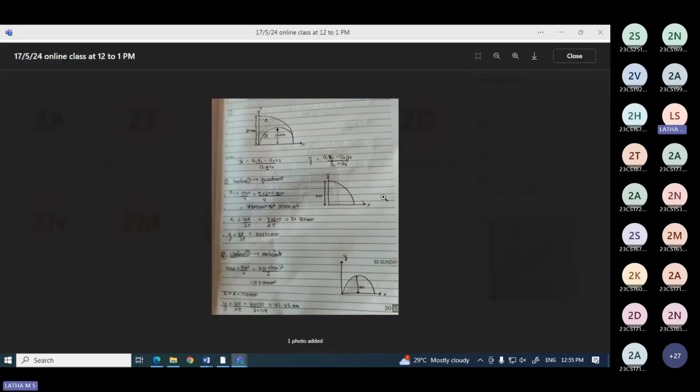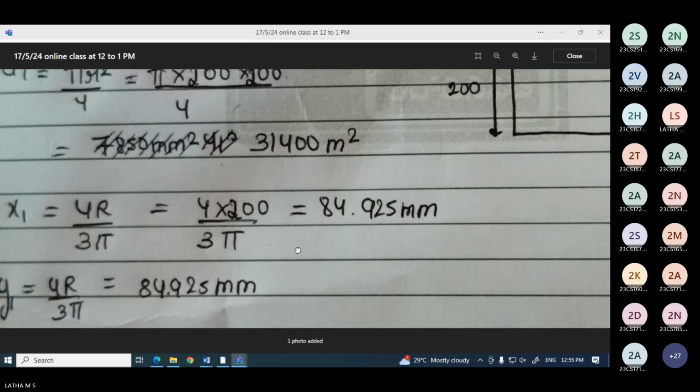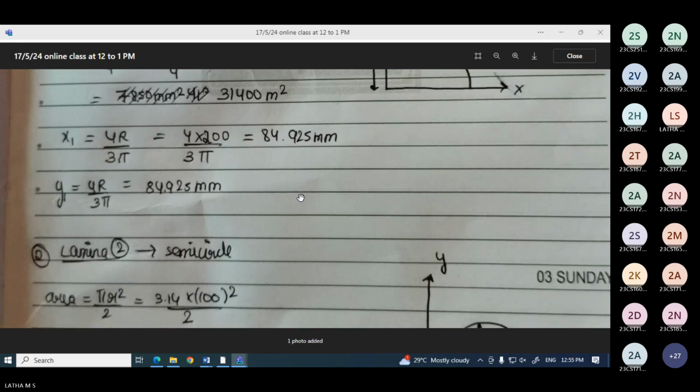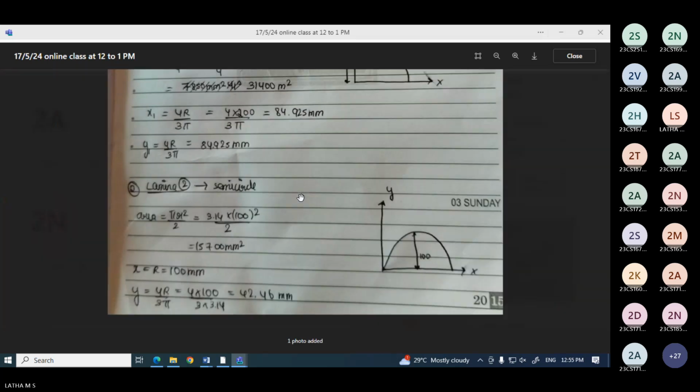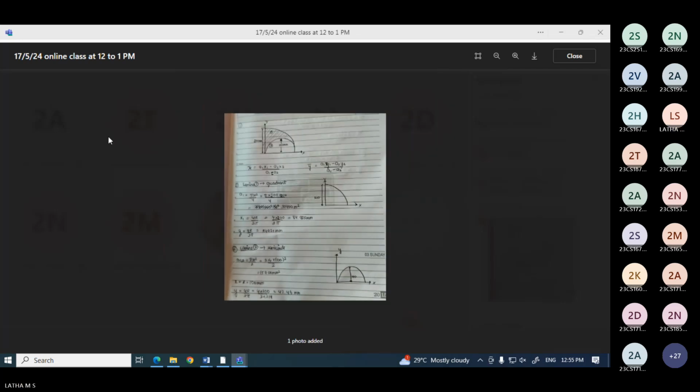Bhavna CM. Why that mistake? Why did you go wrong in writing? What about x1 and y1? You should show it in the figure. You should show the distance of x1, y1, x2, y2.